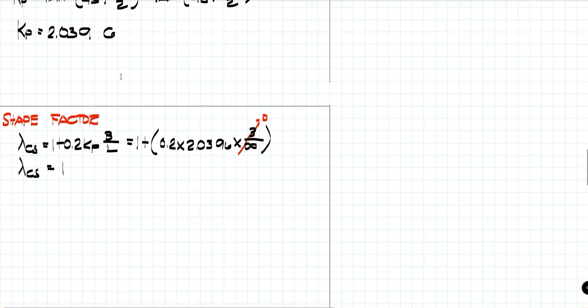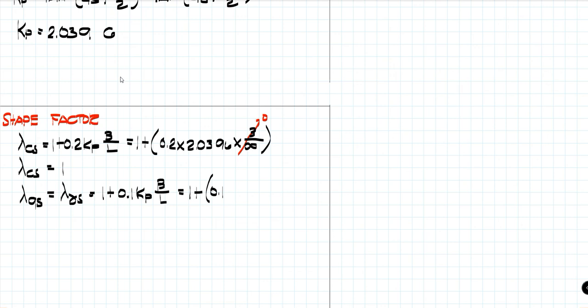Then, for the lambda QS, parehas sila ng value ni lambda gamma S. So, that will be 1 plus 0.1 Kp B over L. So, parang ganito din yung mangyayari. So, we have 1 plus 0.1 times 2.0396 times 3 over infinity.